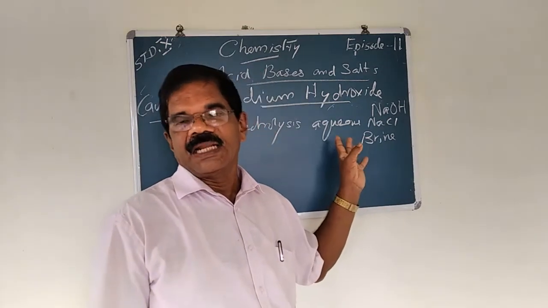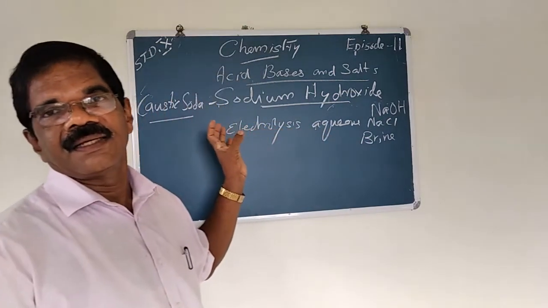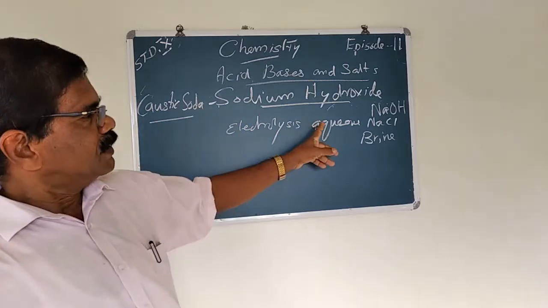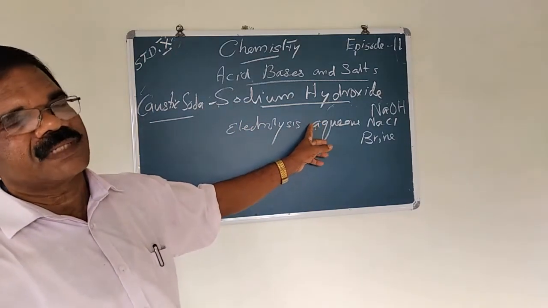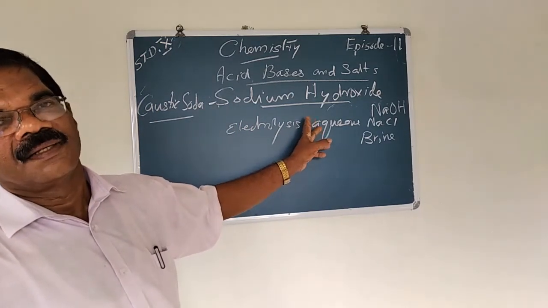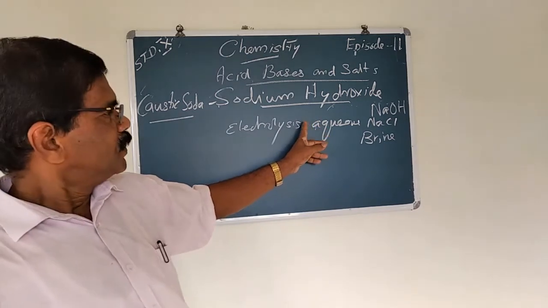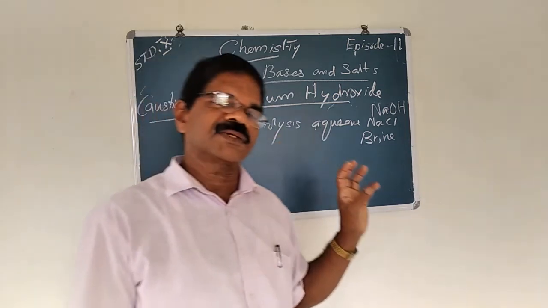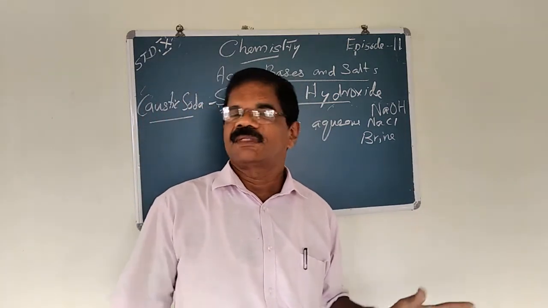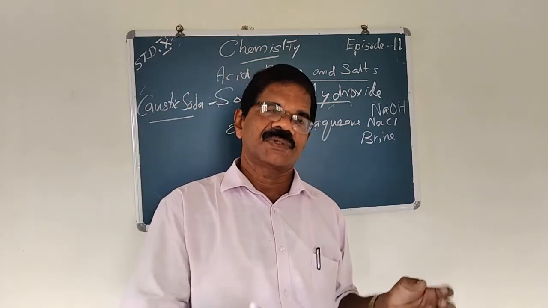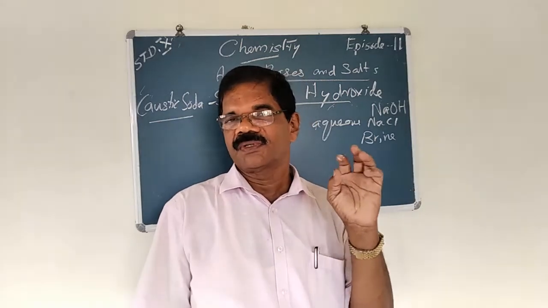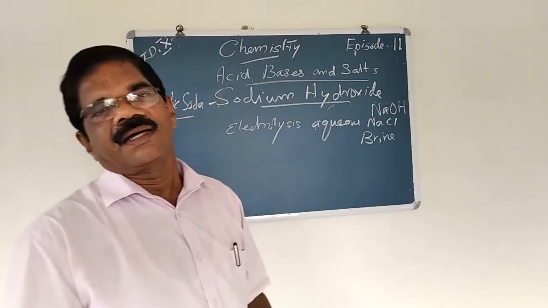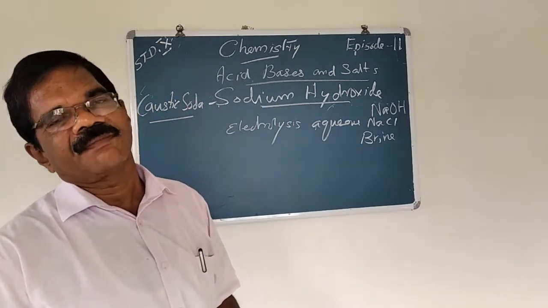Electrolysis means the decomposition of a substance due to the passage of electricity. Certain substances undergo decomposition in the presence of electricity. That is electrolysis. Similarly, certain substances undergo decomposition in the presence of water.